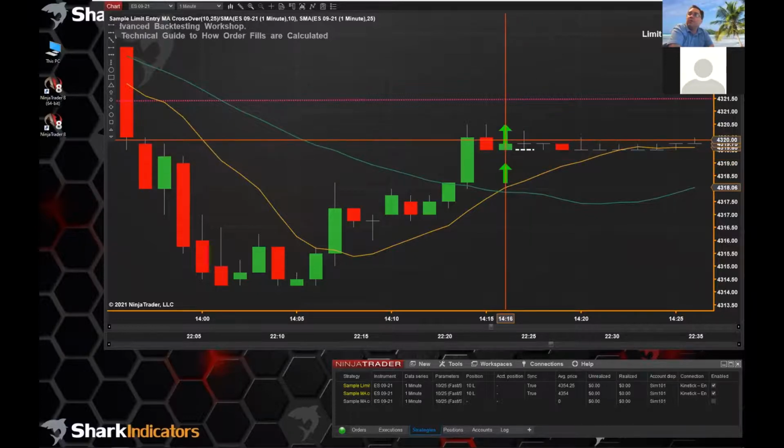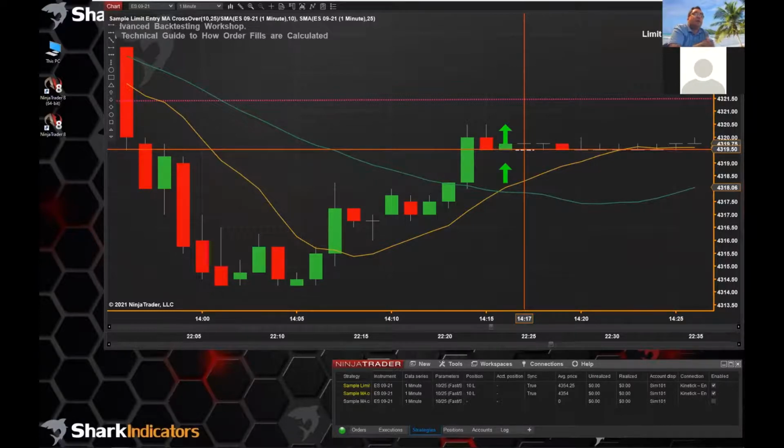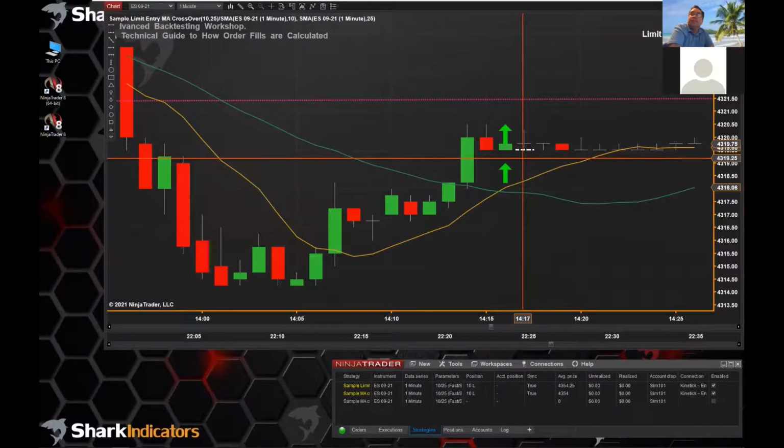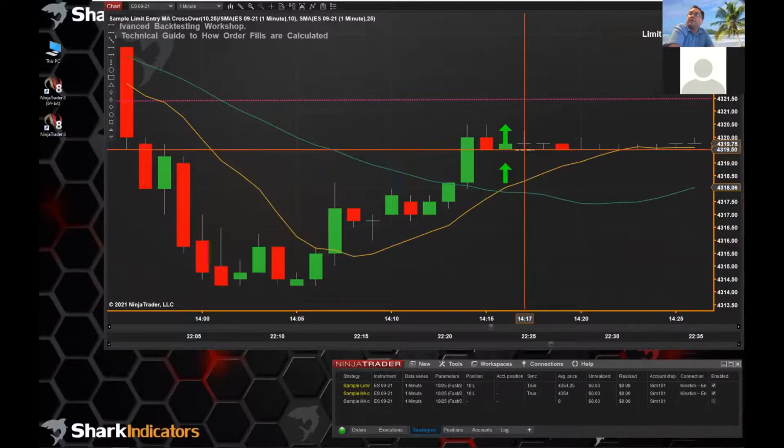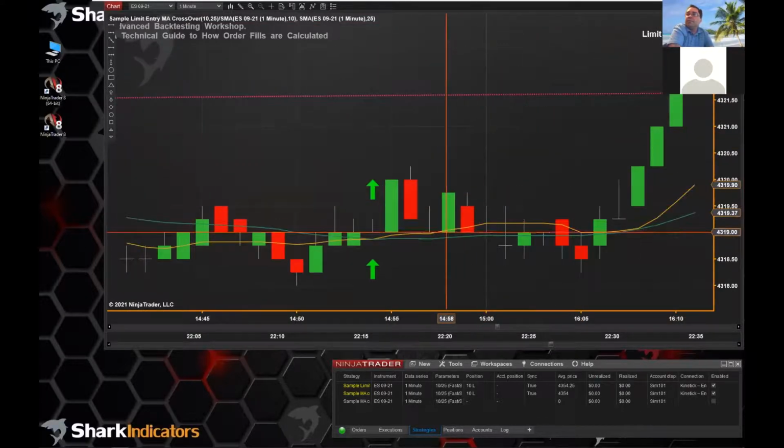So if we're buying to go long, the exchanges are going to guarantee that we're going to get filled here at 43.1950 or better. Depending on where the bid and ask price goes, if the market dipped a little lower, you might get filled a tick or two lower on a couple of your contracts. But since price never penetrated that limit order, the backtest doesn't consider it as being filled. And let's see here. I think I have some others.